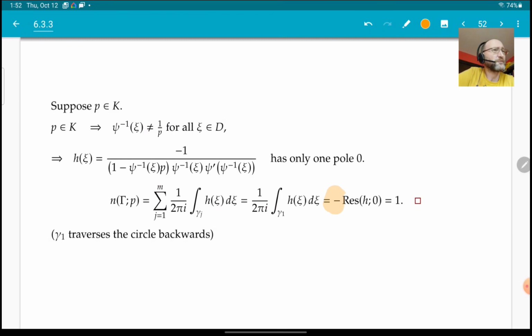It's minus because we're going in the opposite direction, but the residue was -1, so we get 1, right? And you can actually see that the winding number can be 0 or 1. That's basically, do you go around both points or not? You always go around 0.